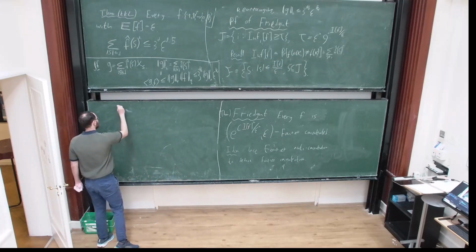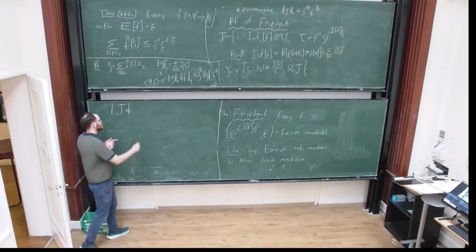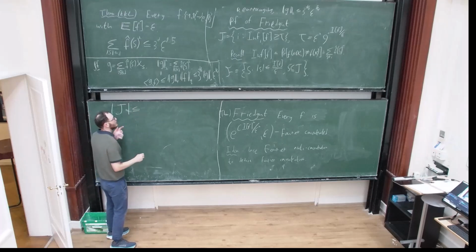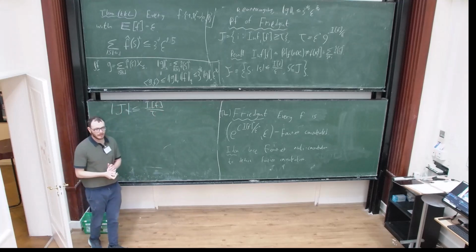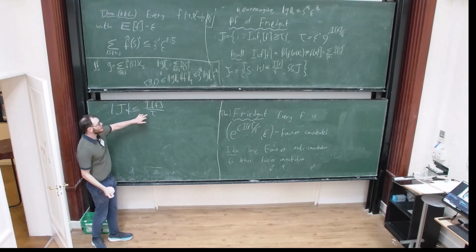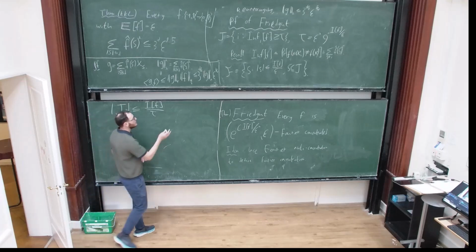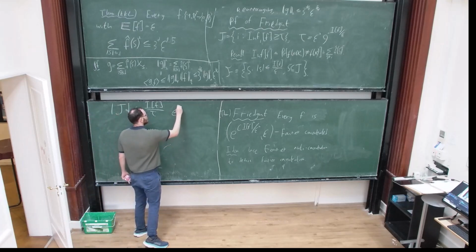So what can we say about the size of J? This is at most the total influence over tau, because the sum of the influences is at most the total influence, but each one of those influences is at least tau, and this is going to be e to the O of the influence of f over epsilon.